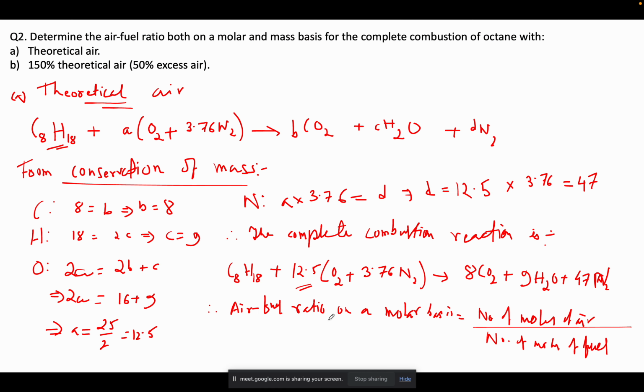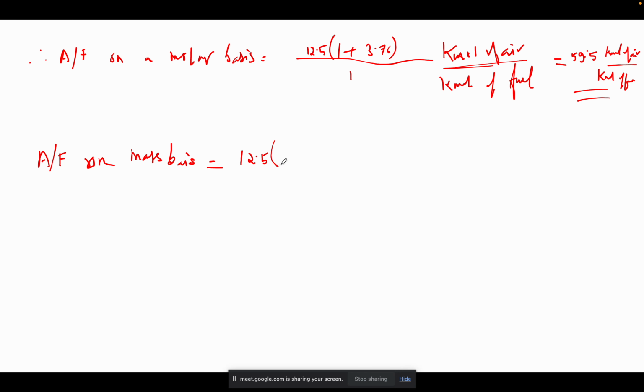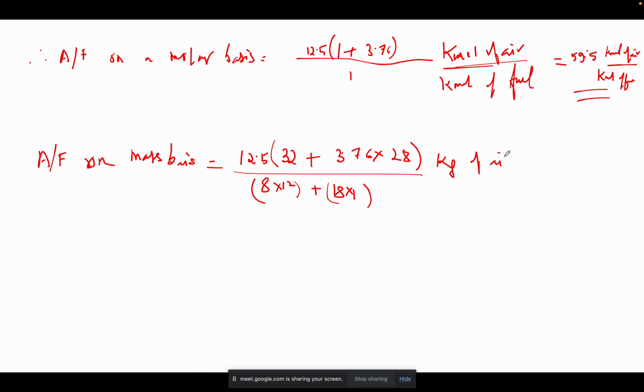Okay, so 12.5 into this is what? 32. Plus 3.76 into 28 divided by, so octane it is 8 into 12, 18 into 1. Okay, kg of air by kg of fuel. Okay.